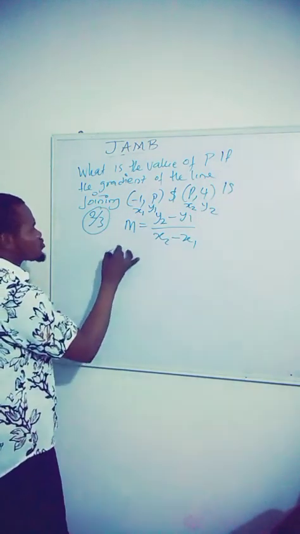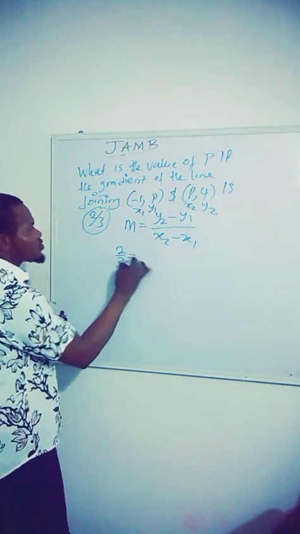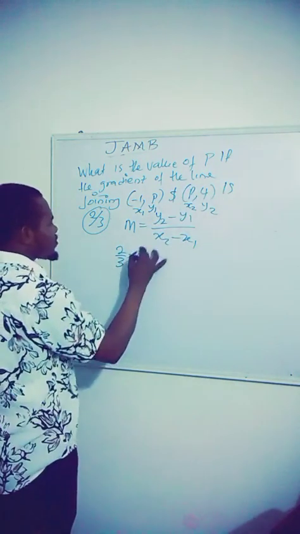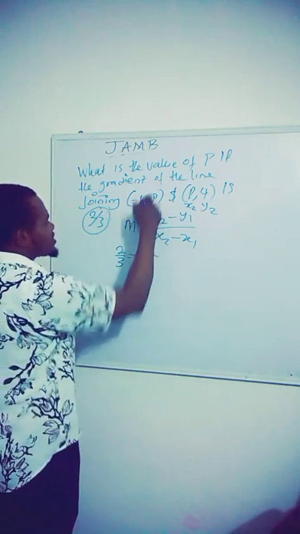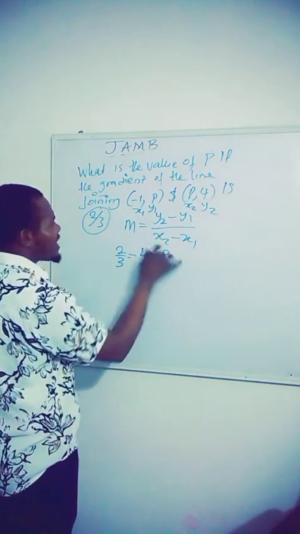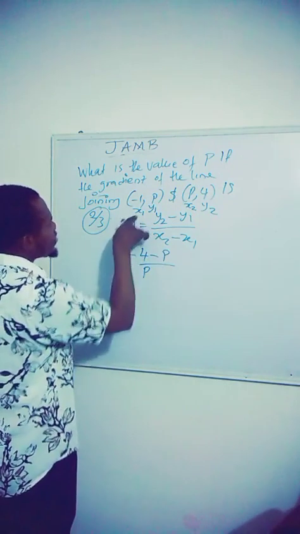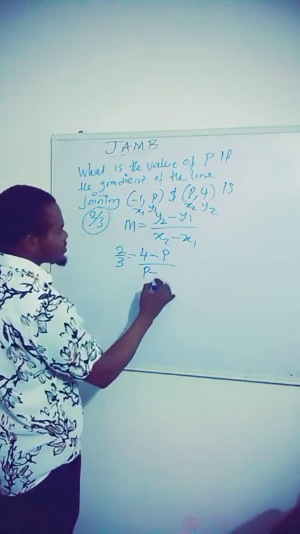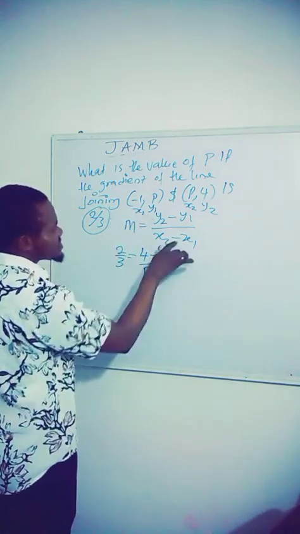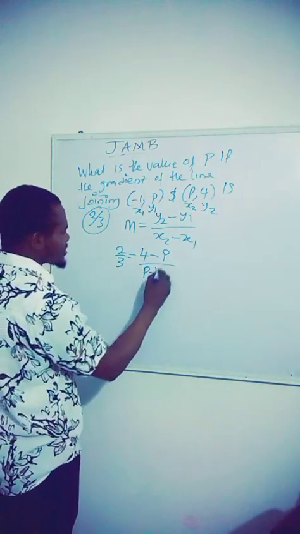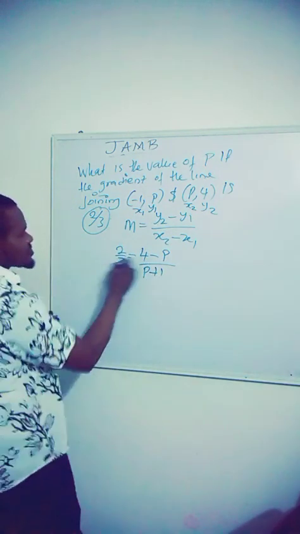So 2/3 is equal to y2, which is 4, minus y1, which is p, over x2, which is p, minus x1, which is minus 1. That is plus 1. So here now you can cross multiply.